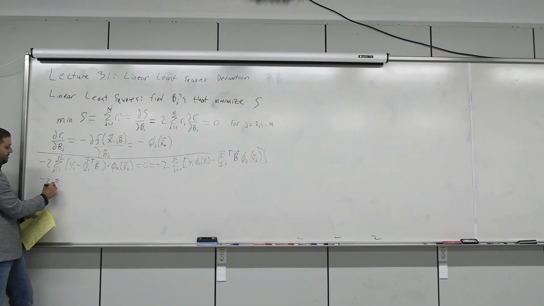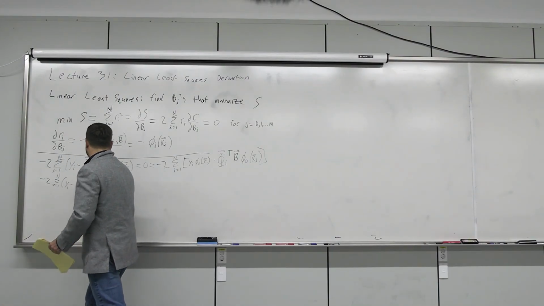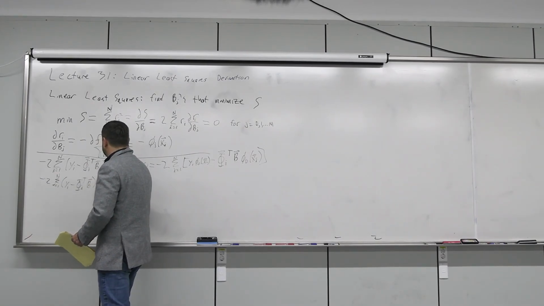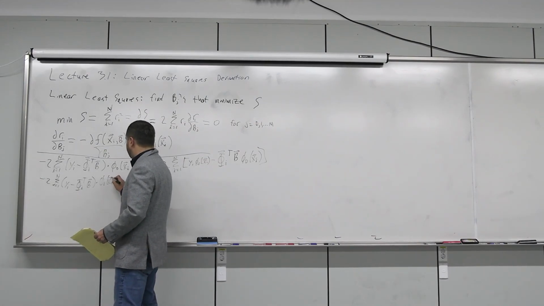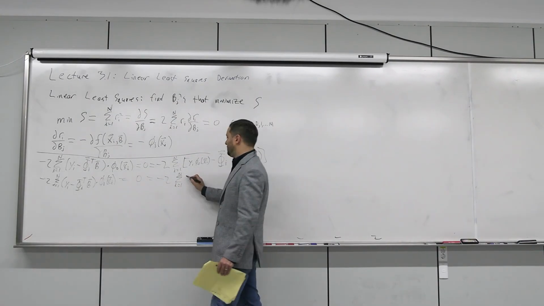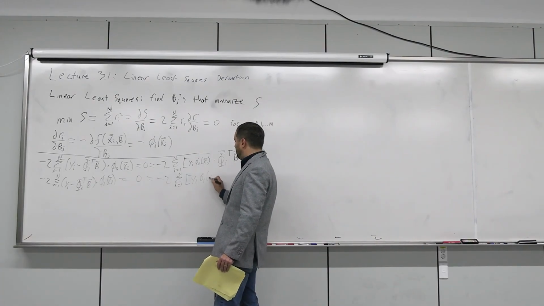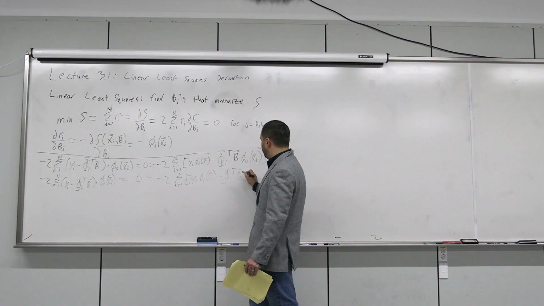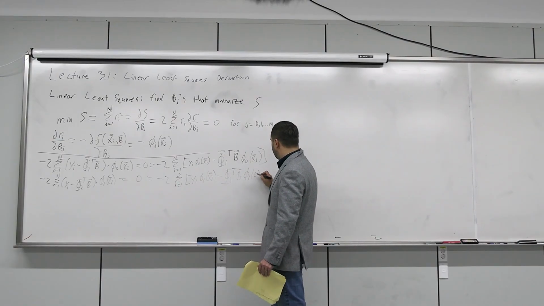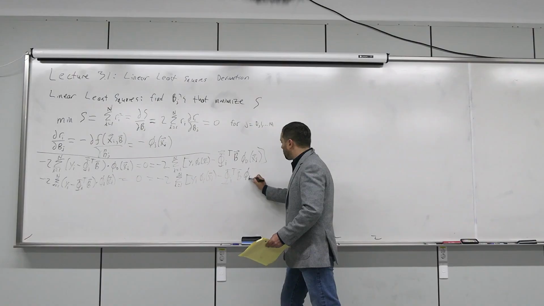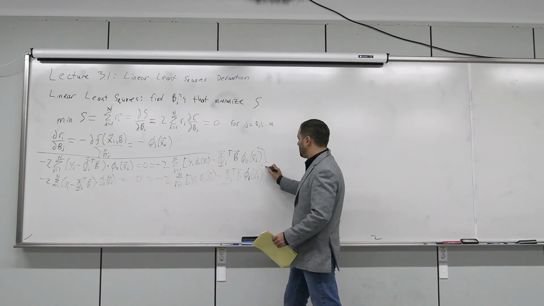So it's -2 summation i equals 1 to n of y_i minus phi_i transpose times beta times now phi 1 evaluated at x_i, which equals 0, which equals -2 summation i equals 1 to n of y_i times phi 1 of x_i minus our vector of regression functions transpose beta times phi 1 of x_i, close the brackets.